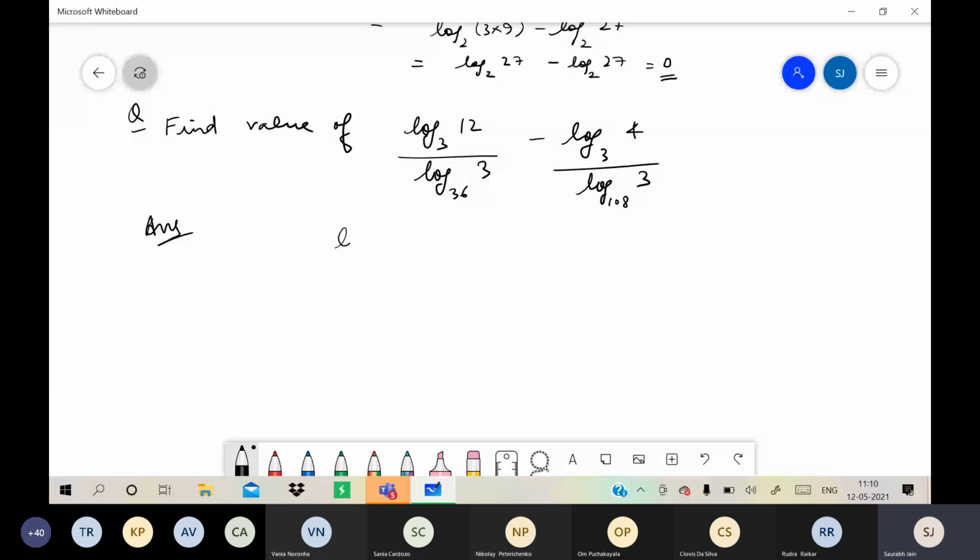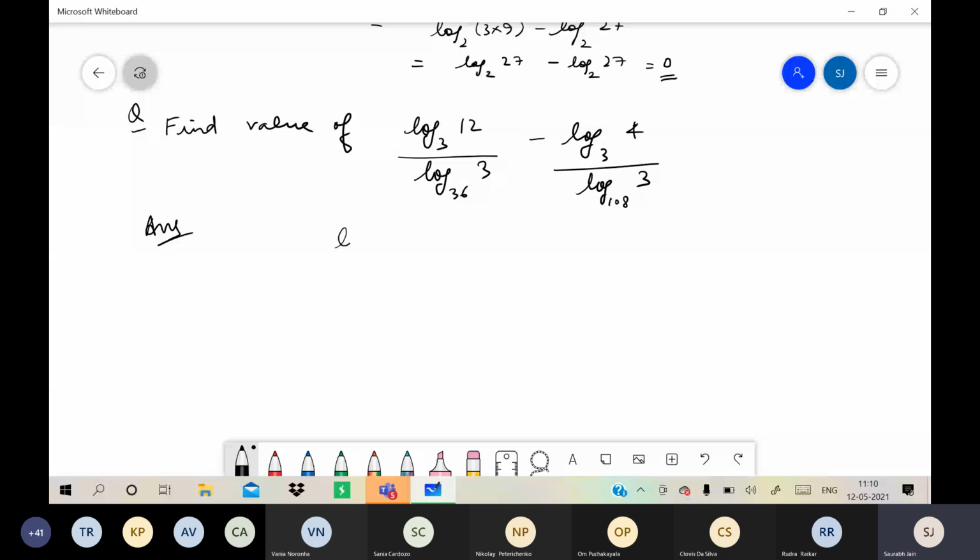Now actually it is important that you use the properties correctly. For example, if you have written this, it is wrong because there is no property as such. Then how to solve the question?